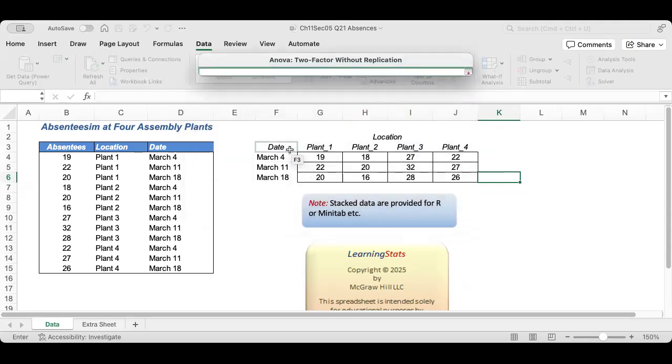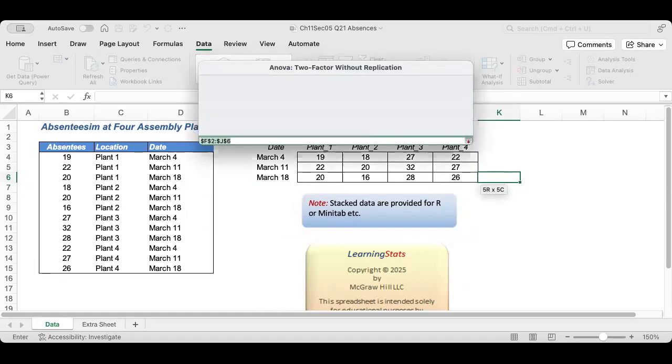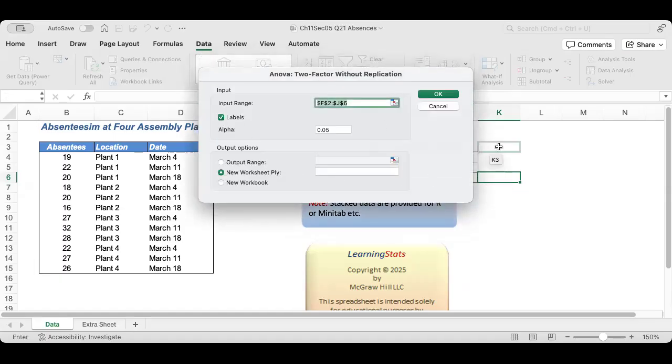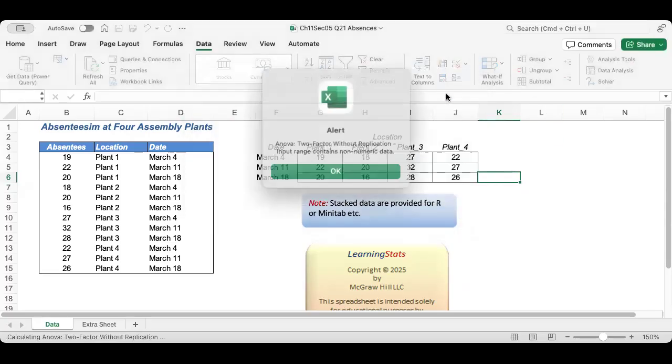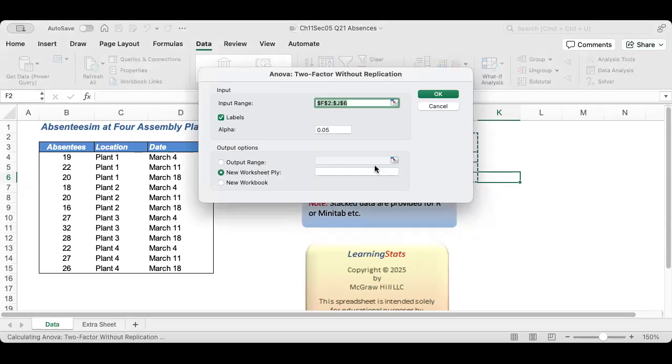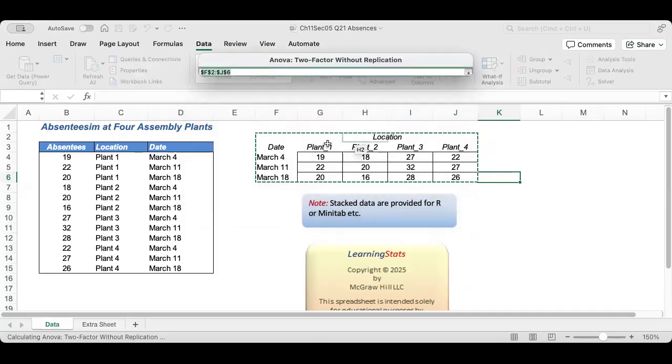Input range. Click. Actually, I want to include the labels. I'll tell it I included the labels. And now it should be able to tell me at a 5% confidence what's going on. Oop.